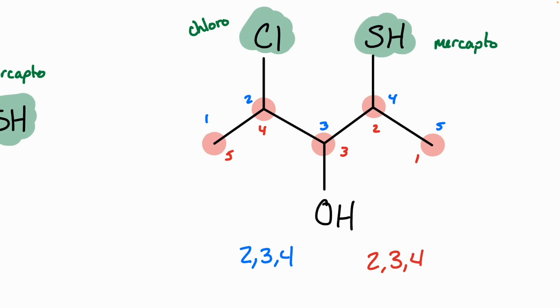We want the lowest possible number, but I got a tie when I start numbering. So how do we break our ties? Alphabetical order. And chloro comes before mercapto. Again, there is no longer anything special about that SH because of the presence of that higher priority alcohol group in the name. It's not like we're going to look to it second or anything like that. It just loses all of its privilege. So absolutely, we're going to pick the blue numbering scheme because chloro beats mercapto in alphabetical order.